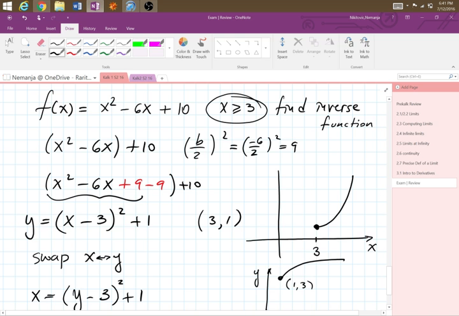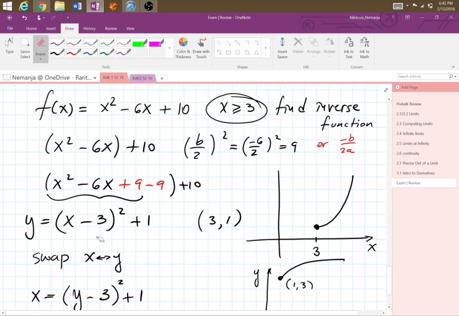You can literally just use negative b over 2a. If you use that formula, which gives you the vertex, negative b over 2a, that's going to be 6 divided by 2 is 3, which is this value here.